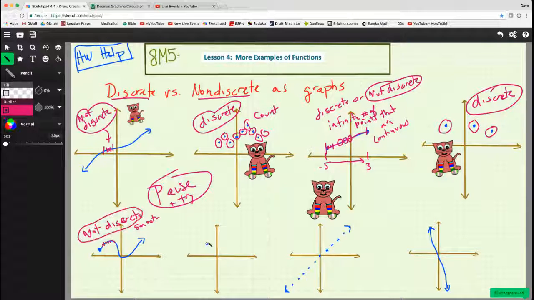This one is just 1 point by itself. Yep, discrete. I can circle it. Now this one is an infinite number of points, but only on the integers. So again, I can circle individual points. So this one is discrete.